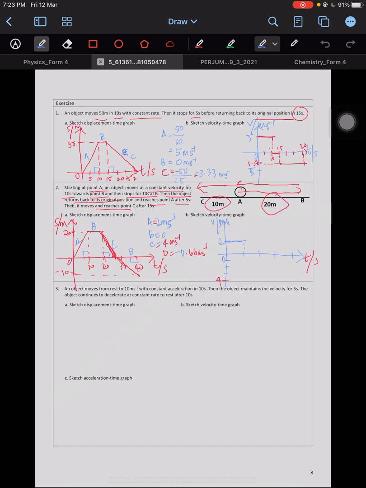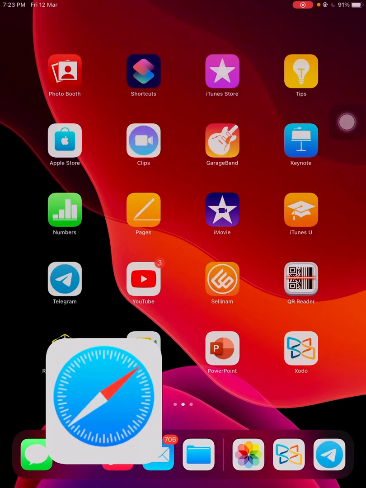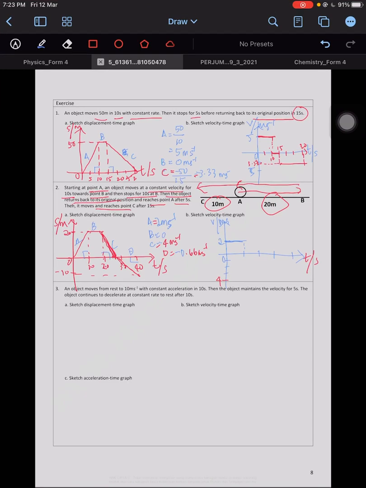Okay, next then you have this. Okay, this one, sorry, and then C part is 4.